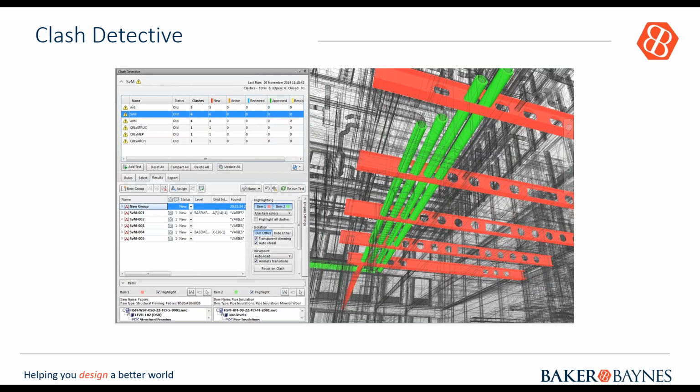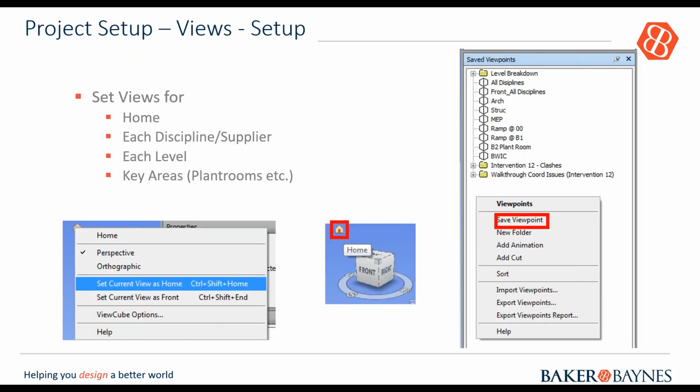With those viewpoints, I'll just quickly show it on the screen again so you remember. The default viewpoints that you'd show would be for your home view, for each discipline or supplier, each level, right? And then you also show your key areas.